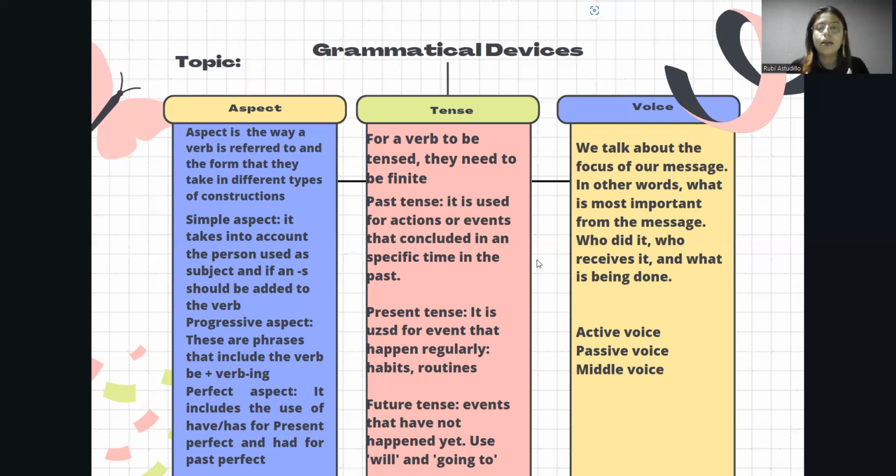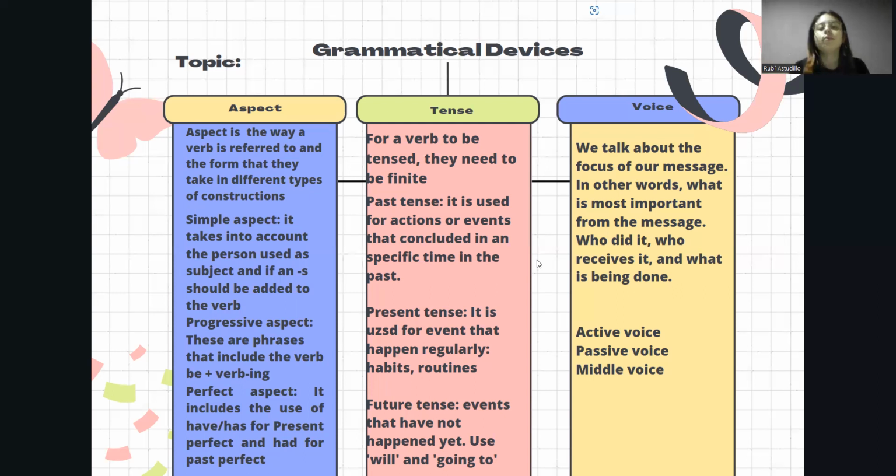As I said, passive voice, there's something that I'm forgetting. Yes, in passive voice we use also the word by to mention the person. For example, this book was written by, I don't know, Edgar Allan Poe. What are we talking about here? We are talking about a person who did something, not something that was done.